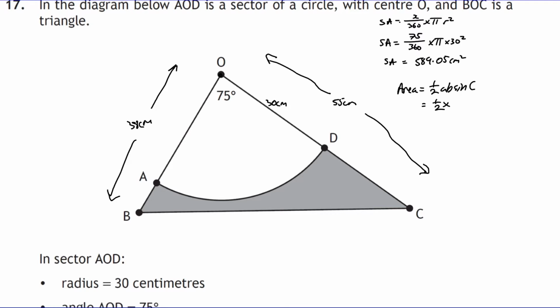So times 38 times 55 times sine of 75. Type that into your calculator. That gives us 1009.39.